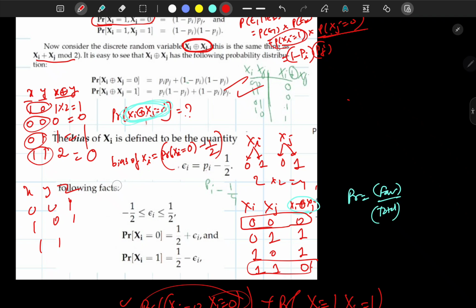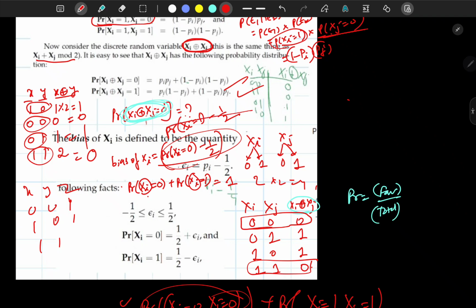One more thing to discuss. If you take xi, we have 2 values. The sum of probabilities equals 1, right? For the same random variable, not a different random variable. So here it equals 1.